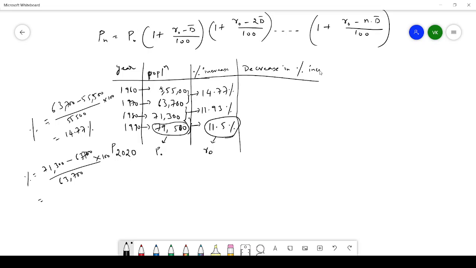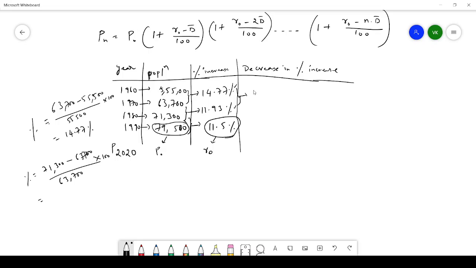percentage increase. See the population trend here. Between the first two decades, the percentage increase is 14.77%. But during the second and third decades, the percentage increase is only 11.93%. It means the percentage increase has decreased. That decrease in percentage increase you have to write in this fourth column.